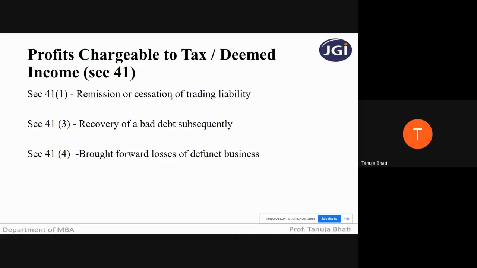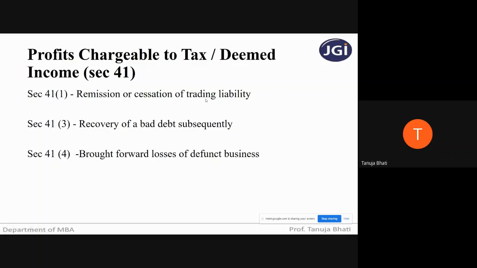But in your books, you had shown it as a liability. Now that liability, maybe due to any reason, is not to be paid by you. Maybe the creditor is no more, or maybe the creditor is not traceable, or maybe the creditor has waived off the liability. So in all the situations, what happens?